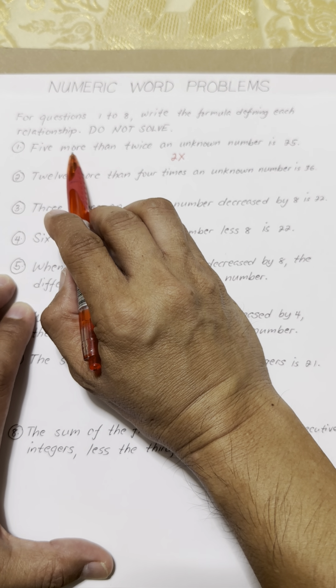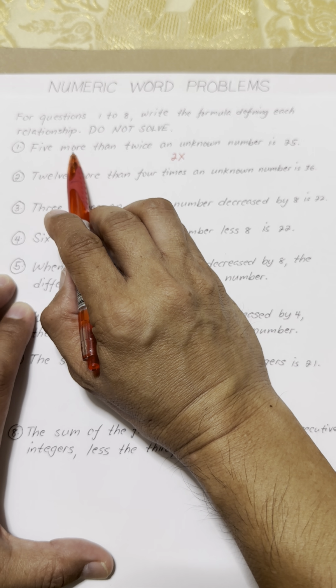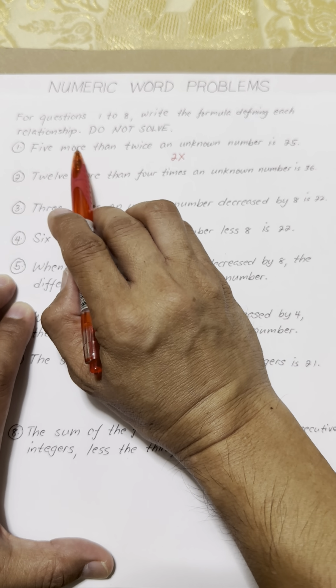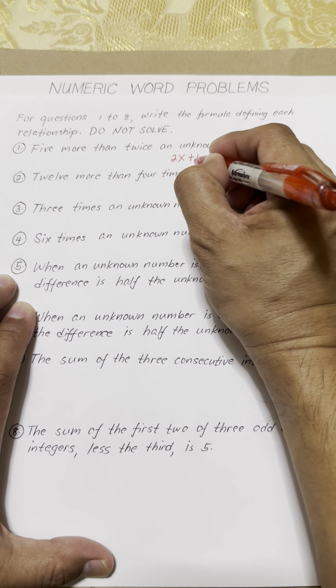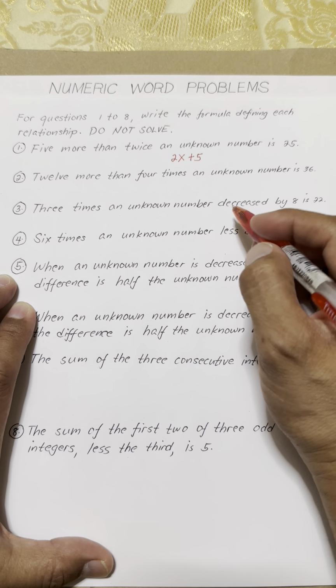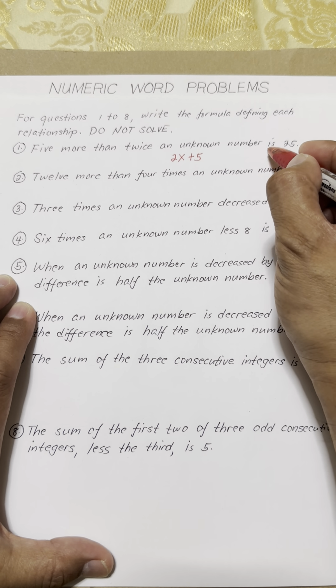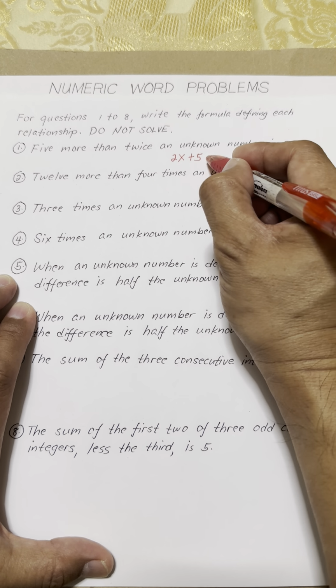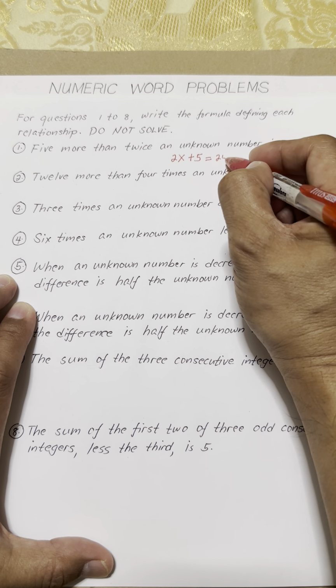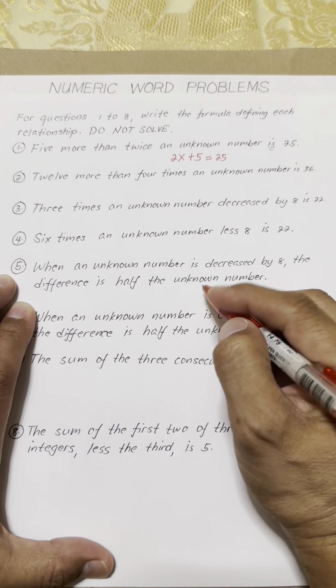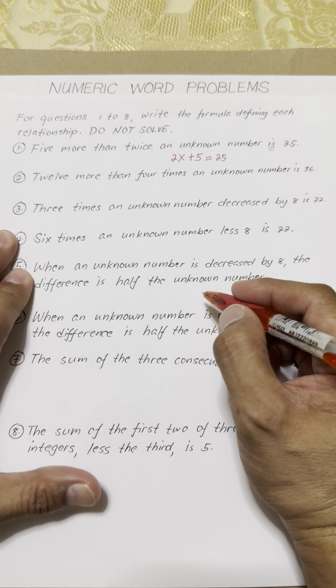As discussed in the previous video, when you see the word more, it means plus. So 5 more means plus 5. Then we have the word is. Is means equals. Then 25. So this is our answer for problem number 1.